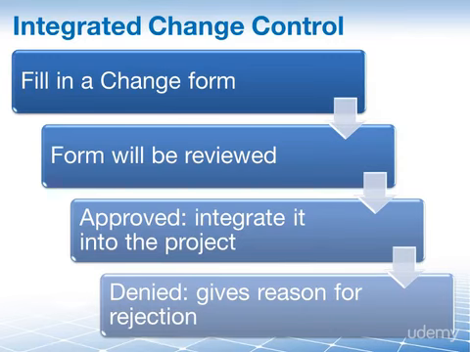When it comes to change requests, they can be verbal, but should better be in writing. You can get these change requests from internal sources like your stakeholders or from external sources such as a government agency or new laws. That is why some change requests are mandatory, but nevertheless they have to go through the integrated change control system where their effect on the rest of the project will also be evaluated.